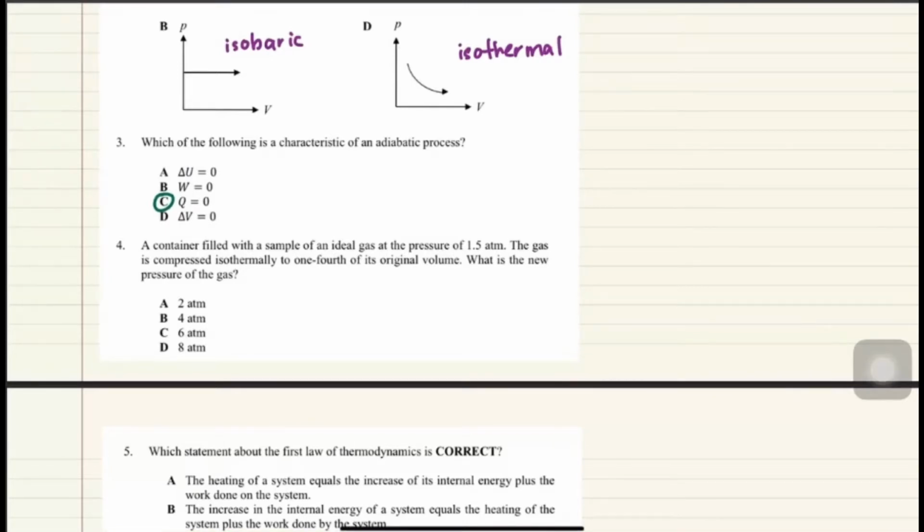Question number 4 apa yang mana? C sir. C ya? Okay, you can try to check. Okay, let's try to do the workings. Dia kata ada container filled with sample of ideal gas. P1 is equals to 1.5 atm.